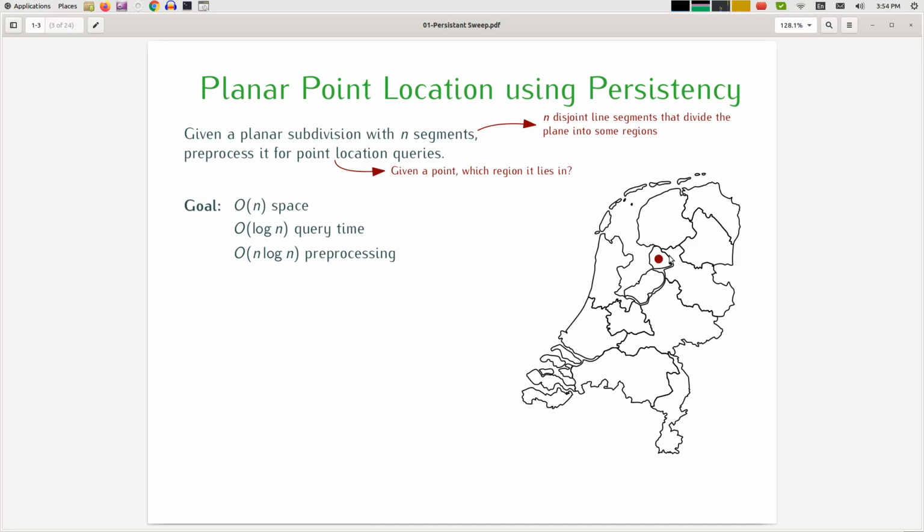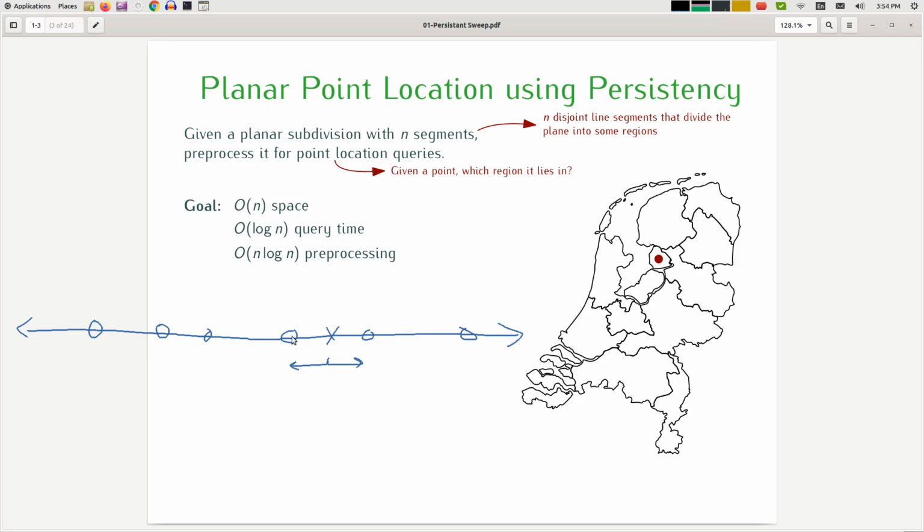And if you think about it, this is in fact a generalization of a one-dimensional problem, because imagine that you have a bunch of values. So let's say this is the real line, and you've stored these values in a binary search structure. Given a query value, you can find the predecessor and successor of this value using a binary search tree.